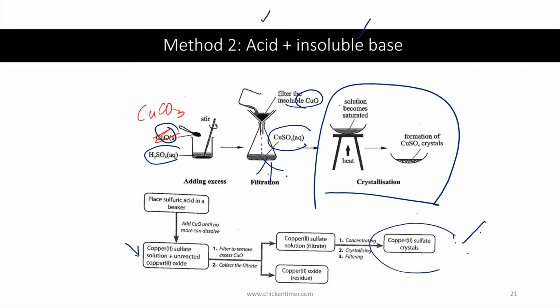Then the same steps will repeat again, copper carbonate with sulfuric acid, then you add excess and then you stir. Then you will end up having copper sulfate here and copper carbonate here. Then you will get copper sulfate again, and then you repeat the crystallization process. That is for acid and carbonate.